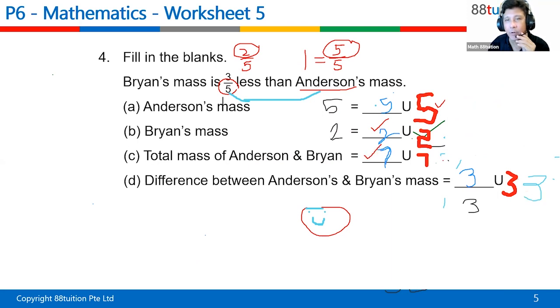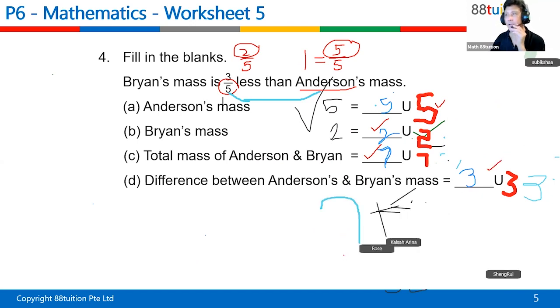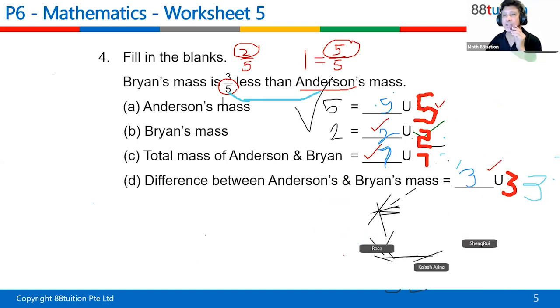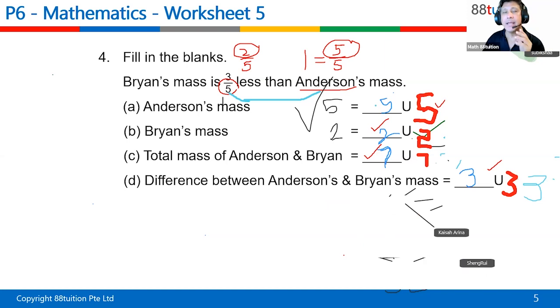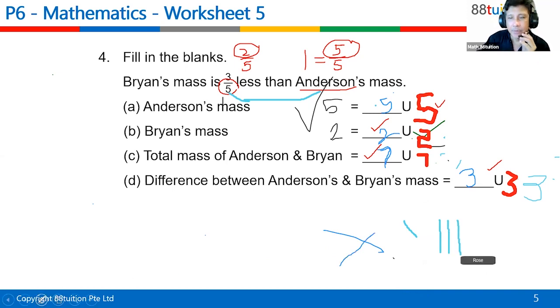All our friends here filled in 7. They are correct. And finally, the difference between Anderson and Brian: 5 units minus 2 units, you get 3 units. So these are actually preparation, such that when you see it in a word problem, you will be able to get the correct number of units. All right? Okay, so let's get going.